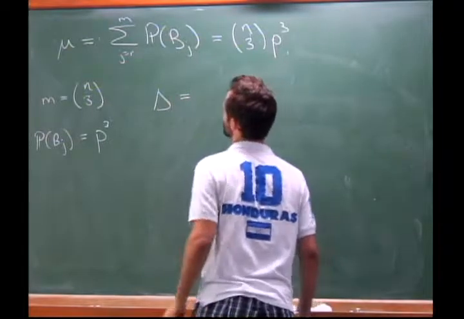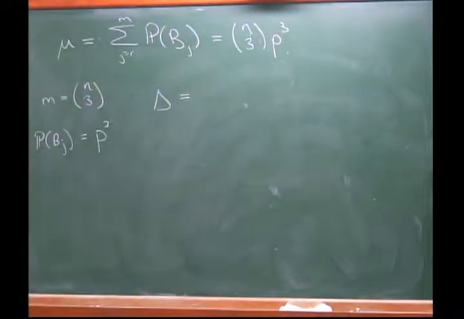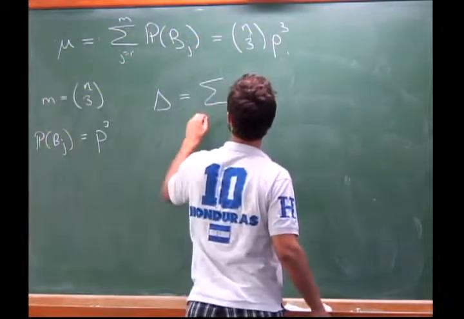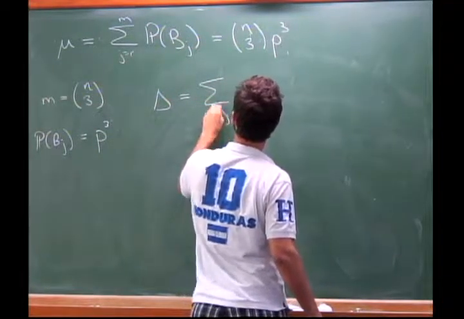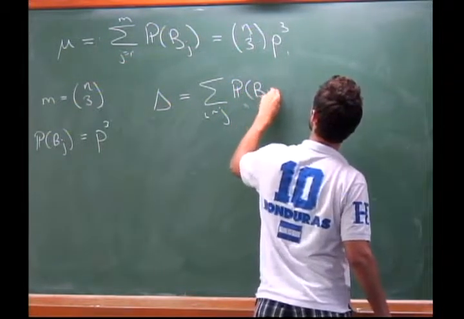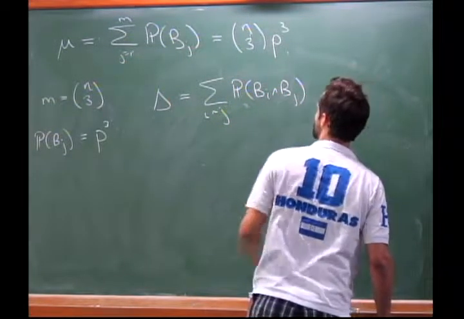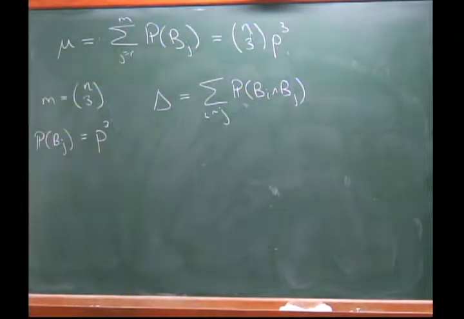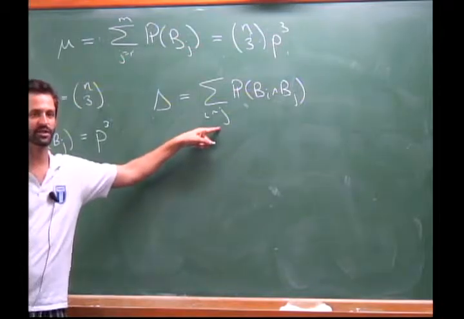And what is delta? Well, it's the sum over i tilde j of the probability of Bi and Bj. So which triangles intersect? Well, 2 triangles intersect if they're the same thing, but that's not counted here.